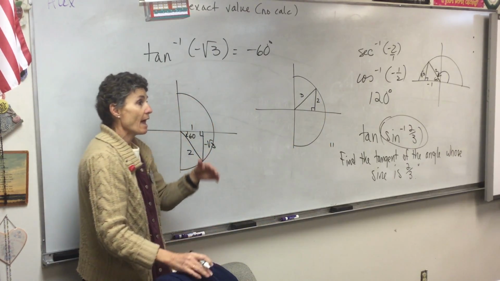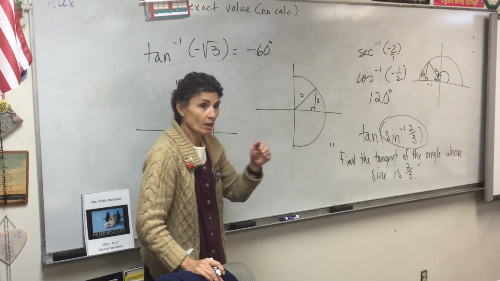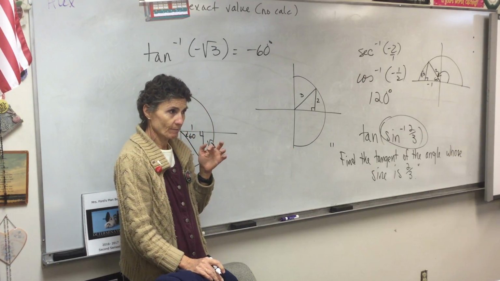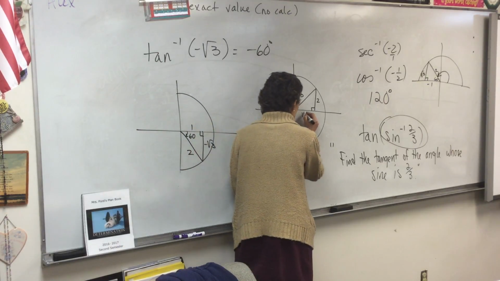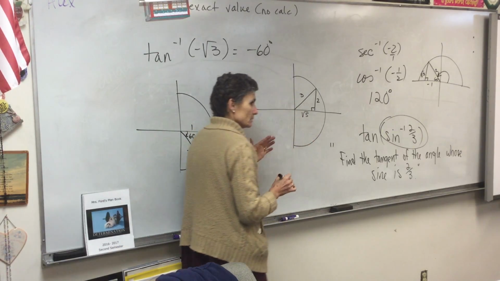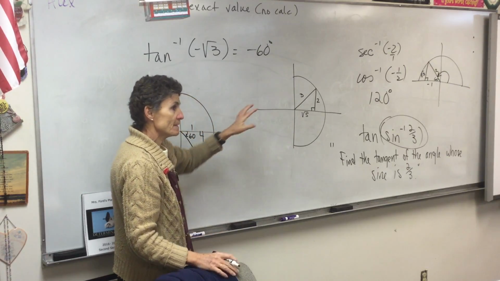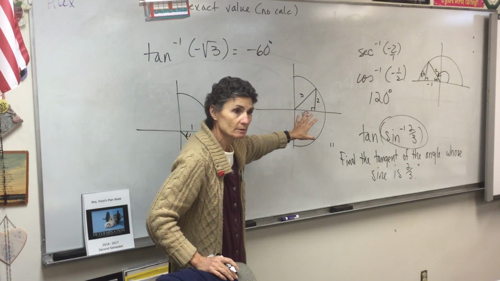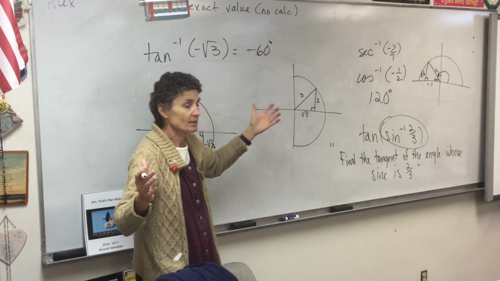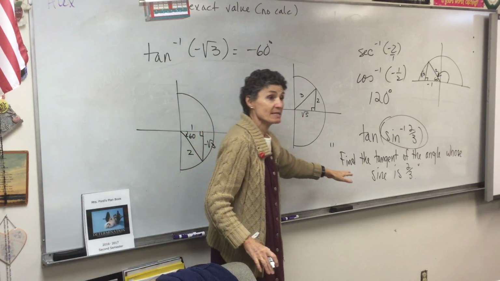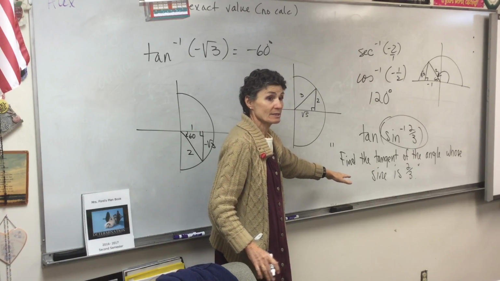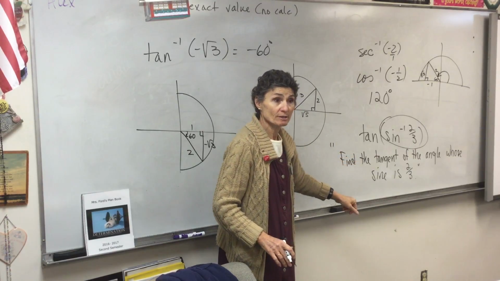Now wait, at this point, your little heart is starting to flutter. Because this would be √5. 9 minus 4. This is not a special triangle. So you're thinking to yourself, how in the heck is she expecting me to do this? I'm not. It doesn't say find the angle, does it? No, it says find the tangent.